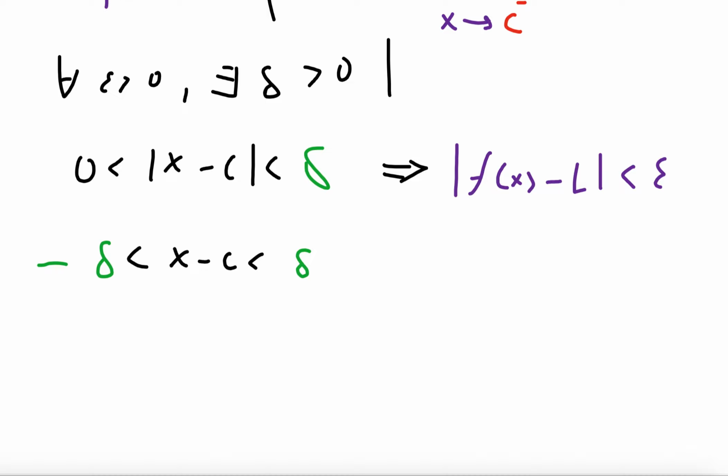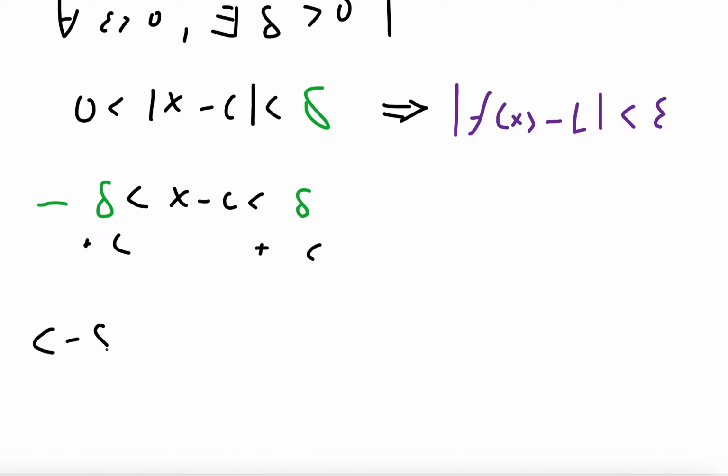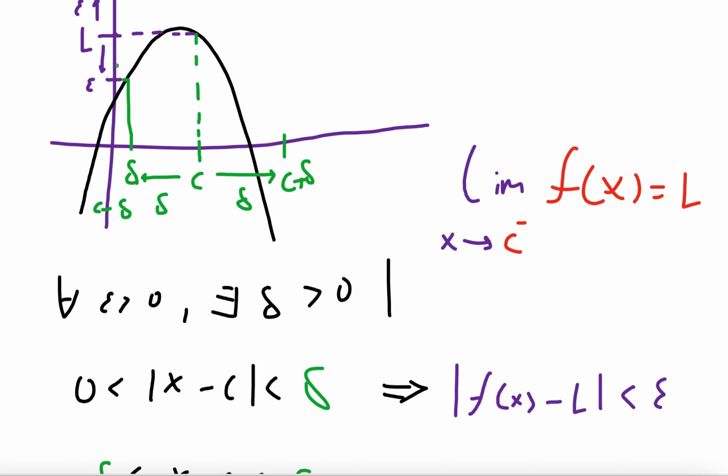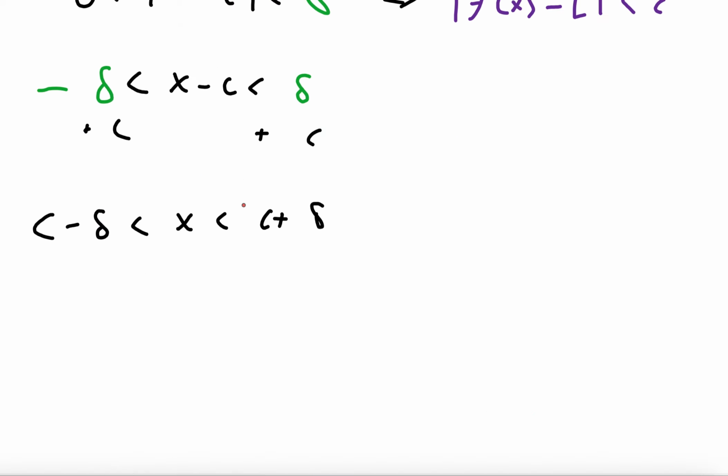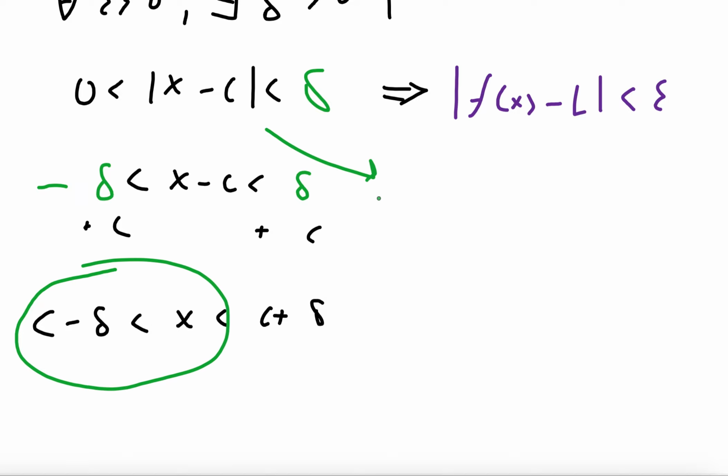And now, if you add c on all sides, you can see, pun intended, exactly what we mean on the graph. We have c minus delta is less than x is less than c plus delta. So x, within delta, is within this range of c. And if we're approaching from the left, or from the negative, we only care about the left-hand side, which means that when we actually do an epsilon delta proof, we just say x is greater than c minus delta.